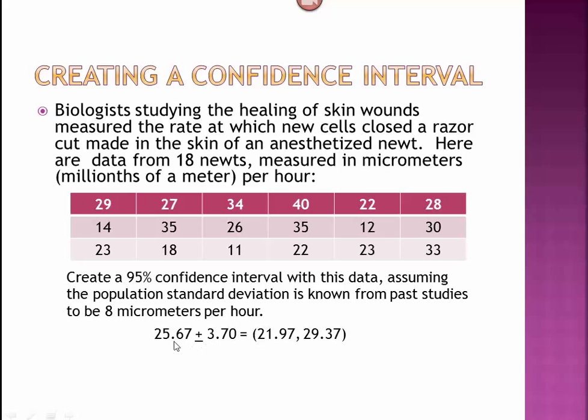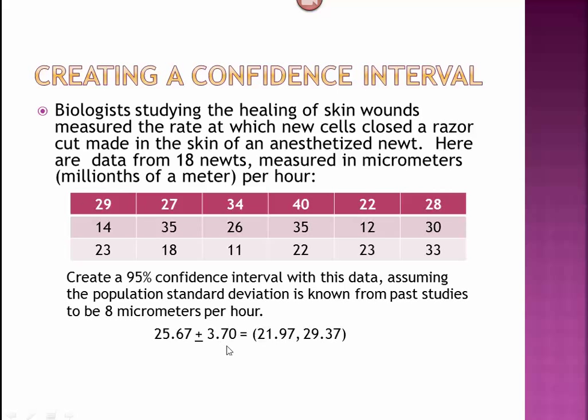And of course, when we carry this out, when we actually add 3.7 to it, we get our upper boundary, and when we subtract, we get our lower boundary. But the main idea here is one of the forms that they have you do on some of your homework problems says point estimate, or x bar, plus and minus ME, which is your margin of error. Sometimes they have you report your answer in this way.